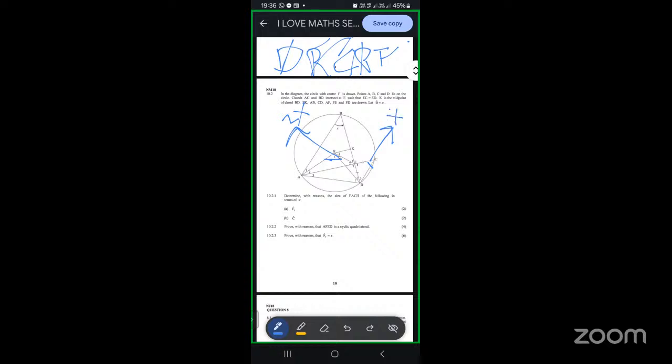Yes, sir. Okay, thank you for the feedback. Now, this is very important. They gave us that EC is equal to ED. Then ECD, that triangle, is an isosceles triangle. Now, do you guys agree when I say D3 here is equal to X as well?